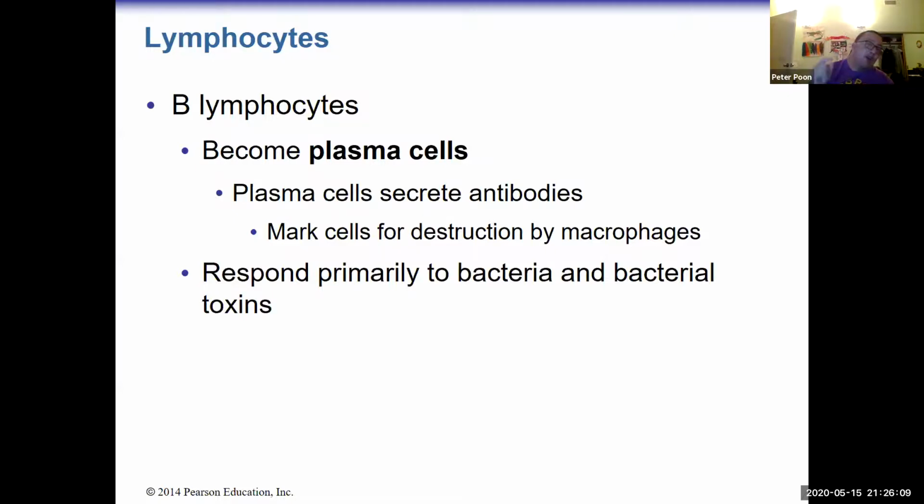Bacteria, for the most part, don't go inside our cells. They stay outside, so they're in the fluid, so they're attacked by the B cells more than the T cells. Bacterial toxins like tetanus toxin flow around in the fluid. So again, the plasma cells make antibodies that attach to toxins or bacteria.